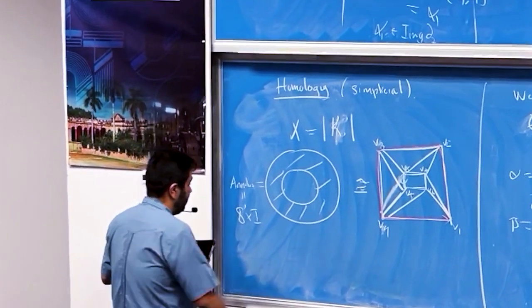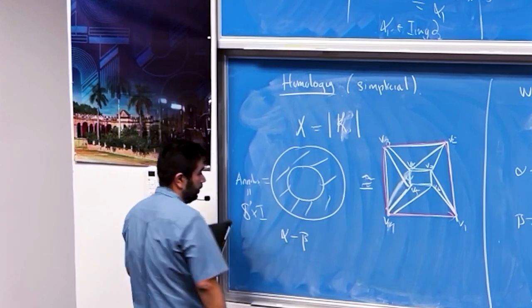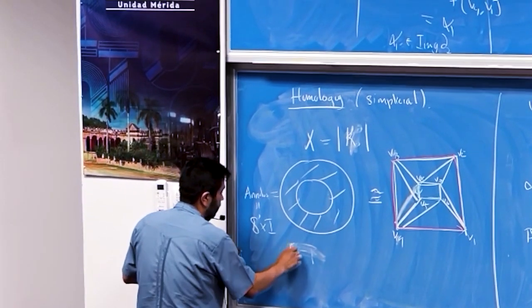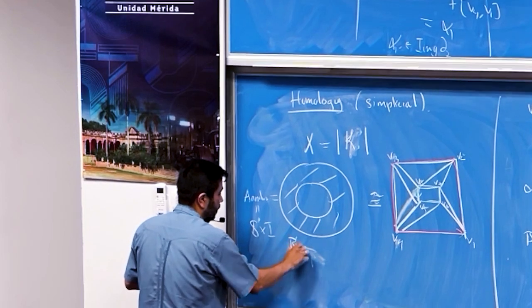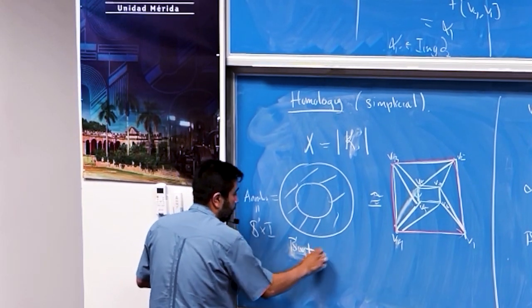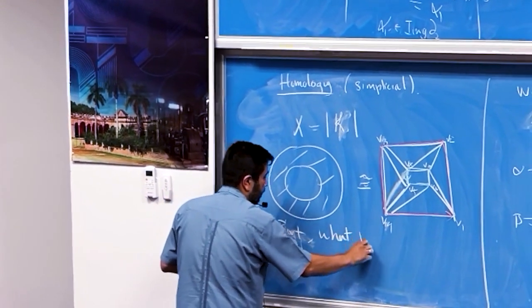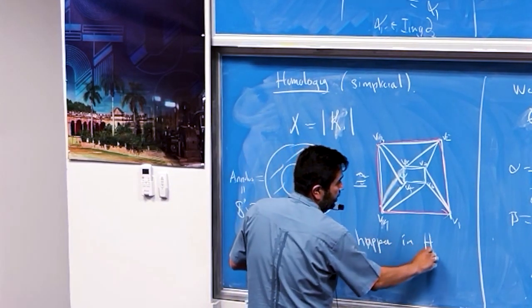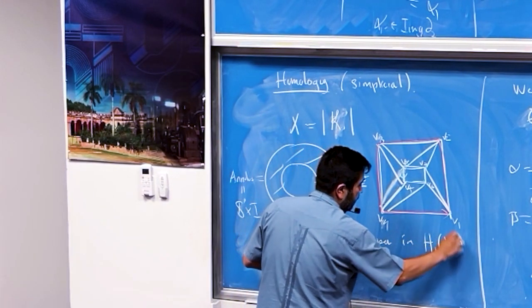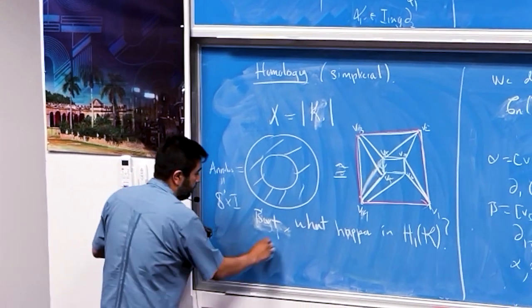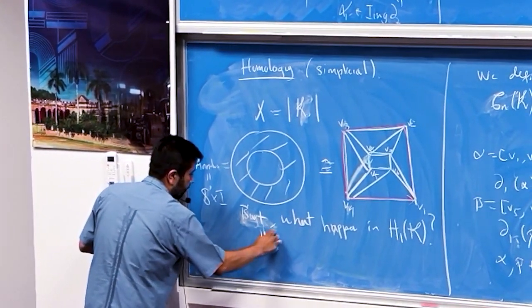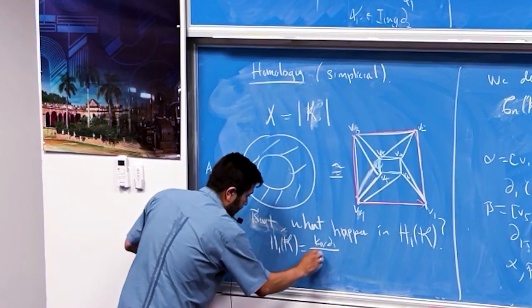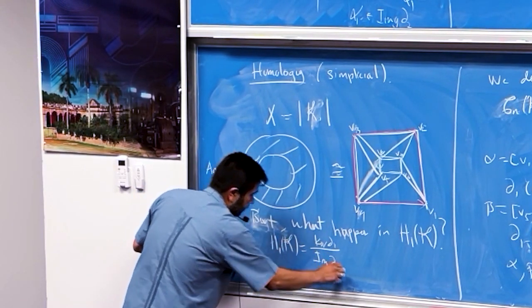But what happens in H1 of K? Remember, H1 of K is the kernel of delta 1 divided by the image of delta 2.